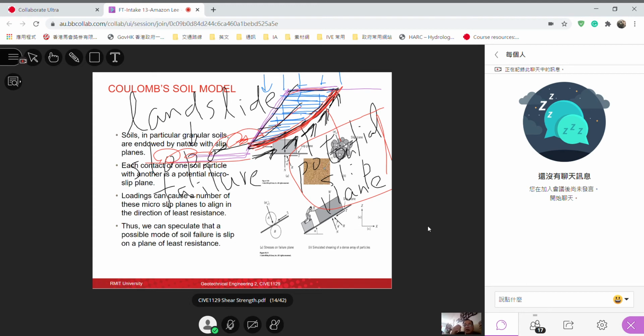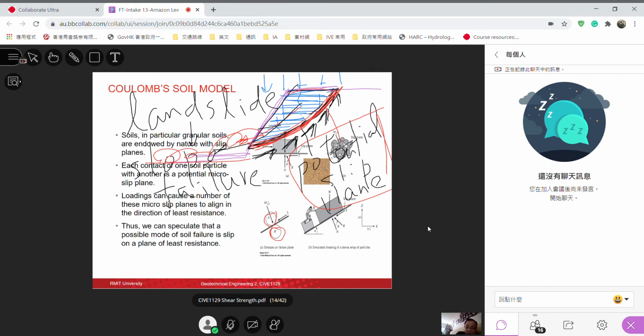That means the one with the lowest factor of safety, or with a factor of safety less than 1. That means the soil is not able to support the load, and then the whole thing will slip. So basically that is how soil is able to resist: the inter-particle shear resistance developed between the little soil particles.